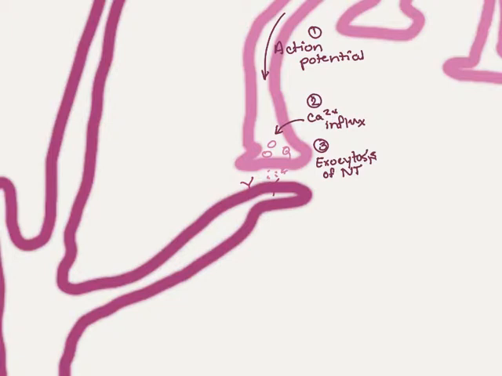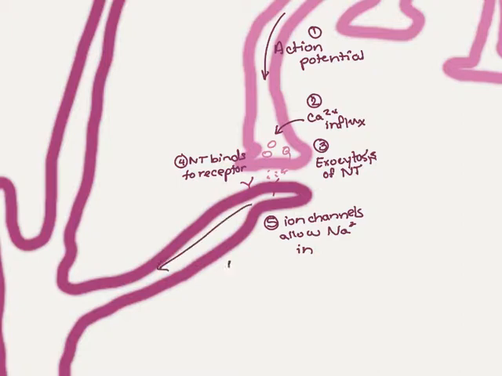So each one of these are, in addition to receptors for the neurotransmitters, ion channels. So these are going to open up and allow ions to diffuse in. So again, the ion channels have opened, sodium is now being let in, and that's going to initiate a new action potential, depending on whether or not we overcome that threshold.